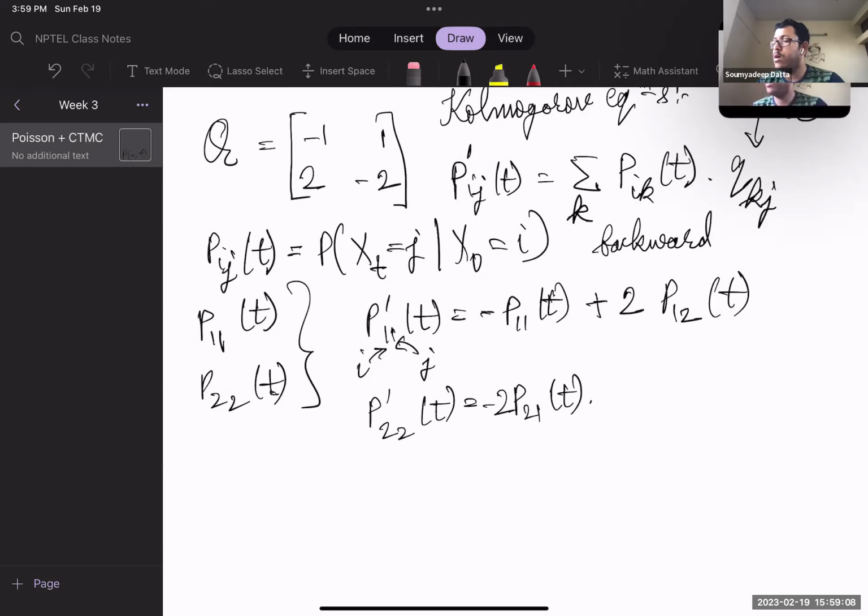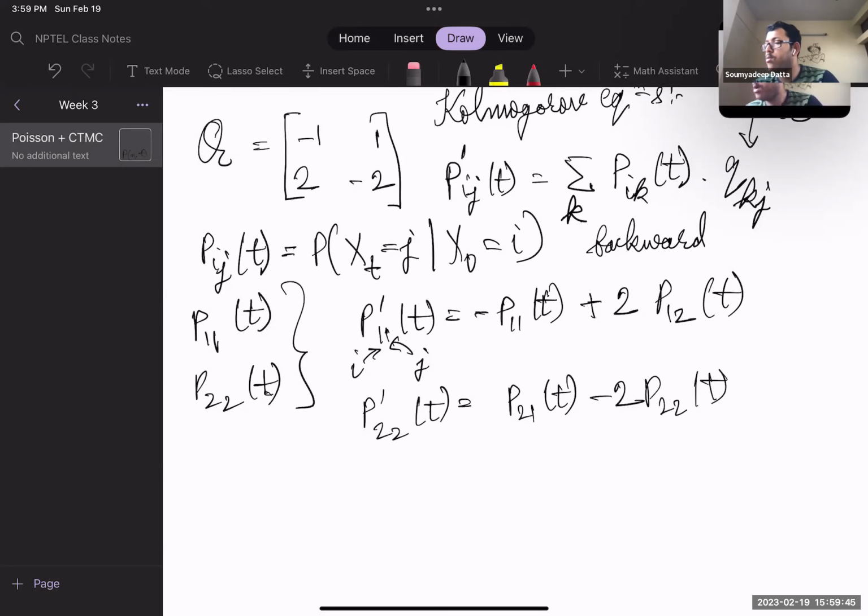Plus, k will be equal to 2 now, so P_22(t) times Q_22, which is -2, if I'm not wrong, and this will actually be P_21(t) times Q_12, and Q_12 is +1. And k will go from 1 to 2.